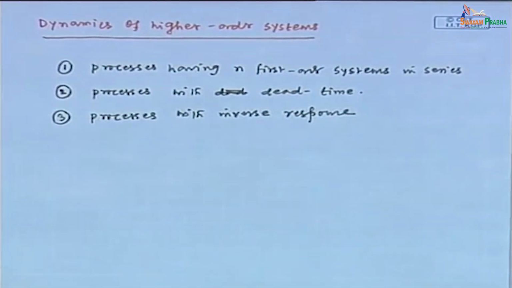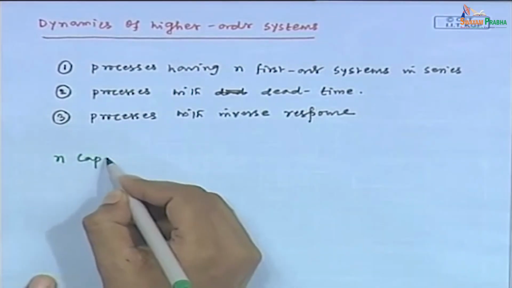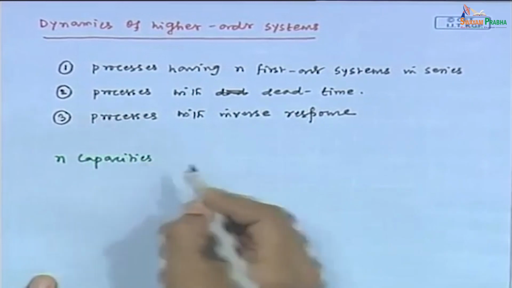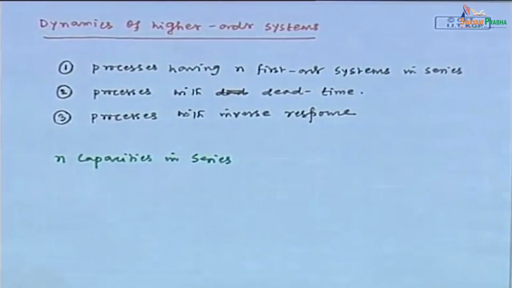So these are the examples of n order systems, and all these three processes we will discuss one by one. First we will discuss n first order processes connected in series, that is, n capacities connected in series.